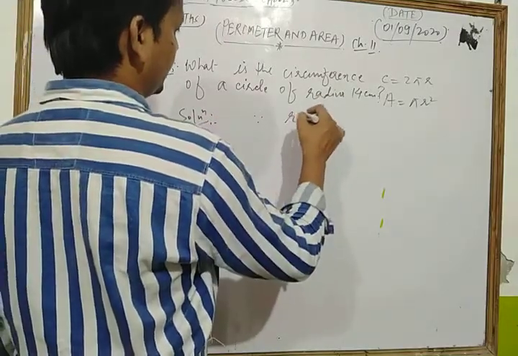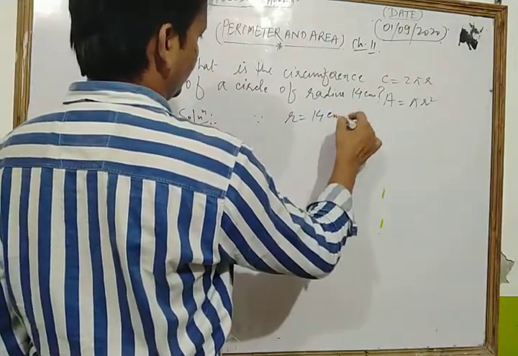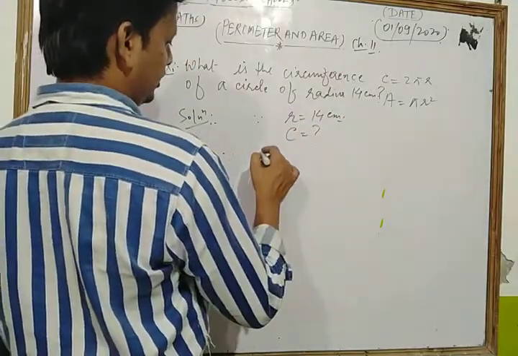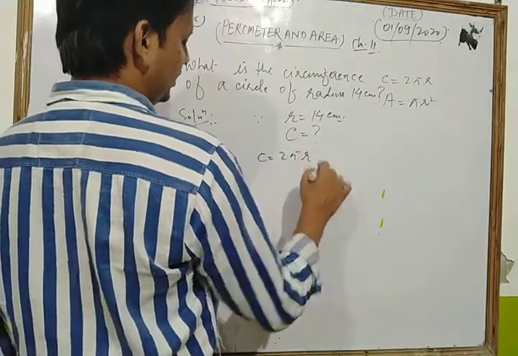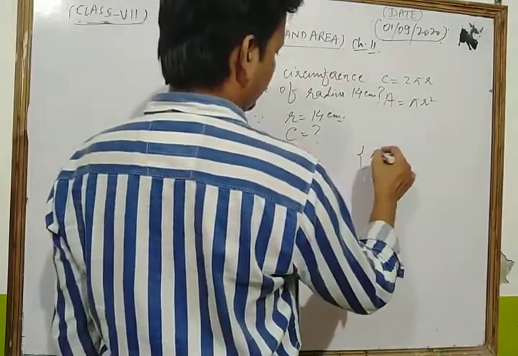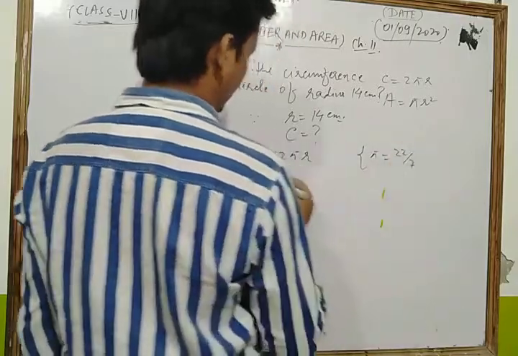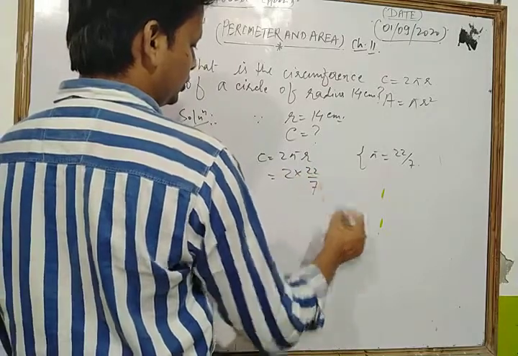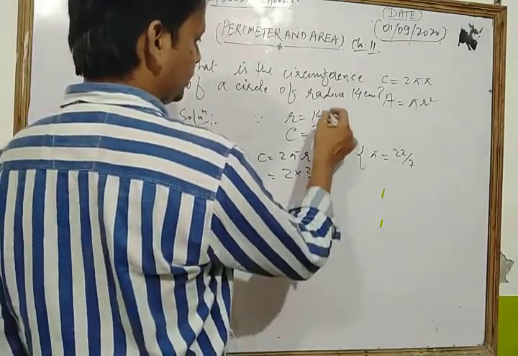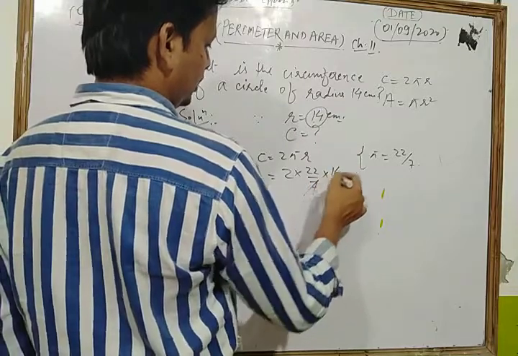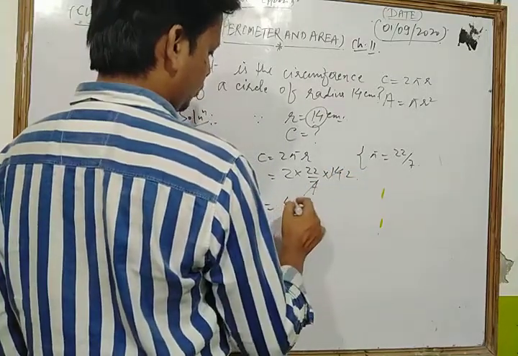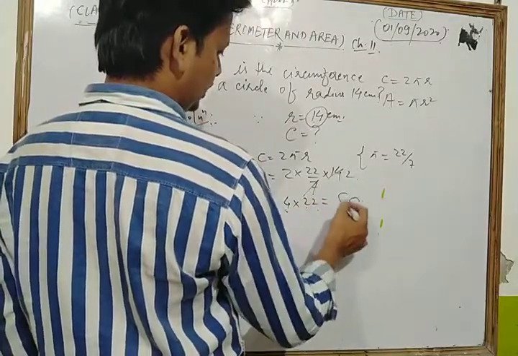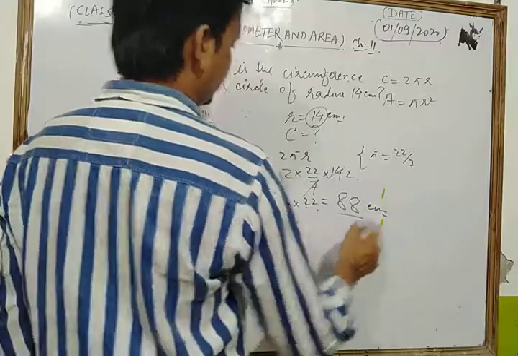Since the radius of the circle is 14 centimeter, we find its circumference. Since we know that the circumference of a circle is 2 pi r, and the value of pi is 22 upon 7, we put the values of r and pi, so we get 2 into 22 upon 7 into 14. 7 twos are 14, 2 into 22 is 44, then 4 into 2 is 88 centimeter.